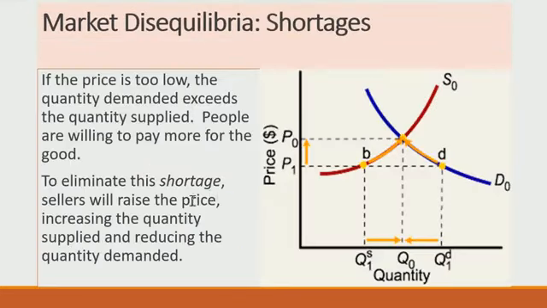What does that mean? This means when price is too low compared to the equilibrium price, here you can consider P1, which is lower than the equilibrium price, quantity demanded is higher at QD1 and quantity supplied is QS1.